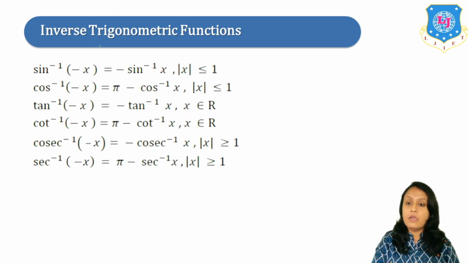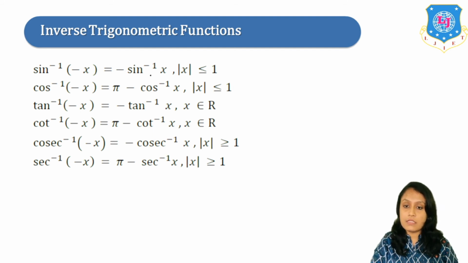Now let's see some formulas. Sine inverse of minus x will give you minus sine inverse x with the condition that mod x is less than or equal to 1, meaning the value of x should be between minus 1 and 1. Then cos inverse of minus x is pi minus cos inverse x, again provided that mod x is less than or equal to 1.